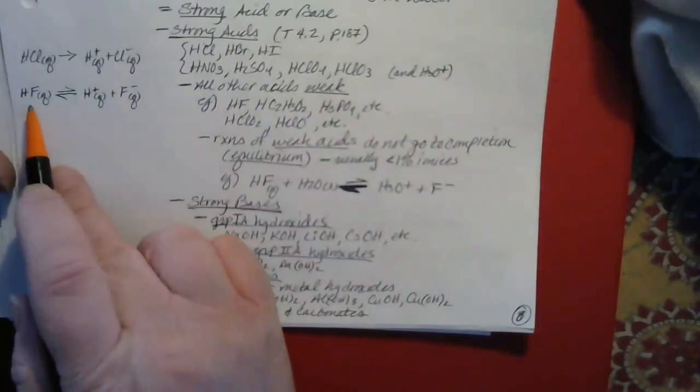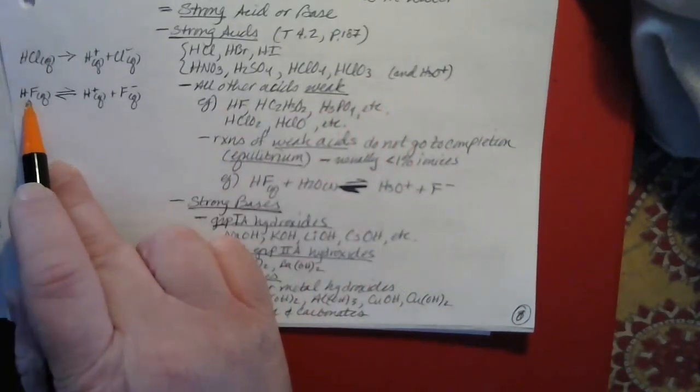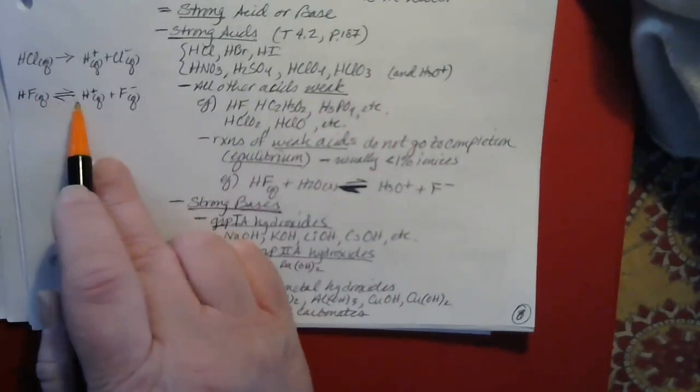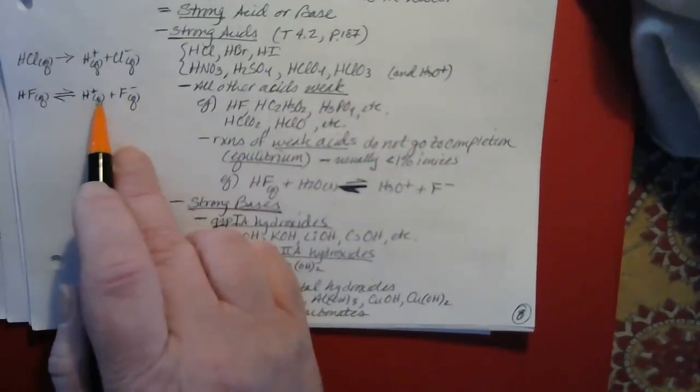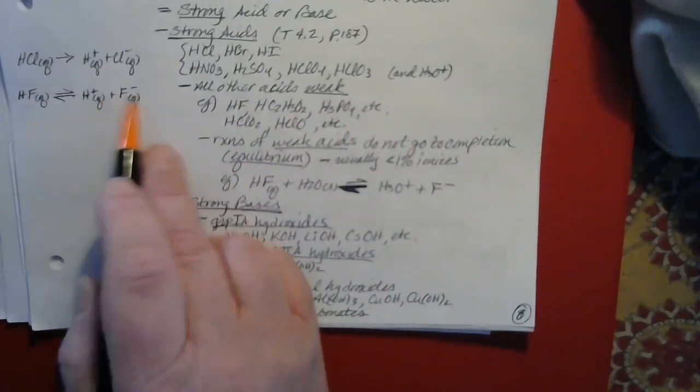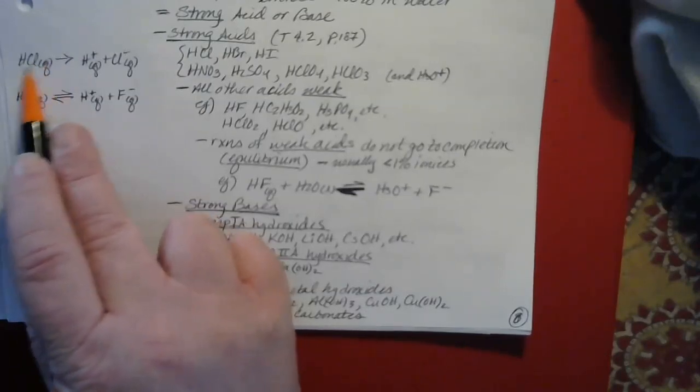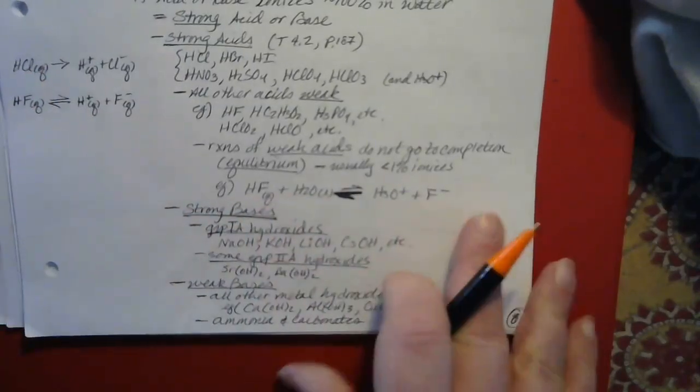In fact, a vast majority of the hydrofluoric acid would be present as intact HF molecules, and only a few percent, usually less than 1%, would be found as independent separate ions. Whereas in the hydrochloric acid, 100% of them will be present as separate ions, and about 0% will be left as intact molecules.